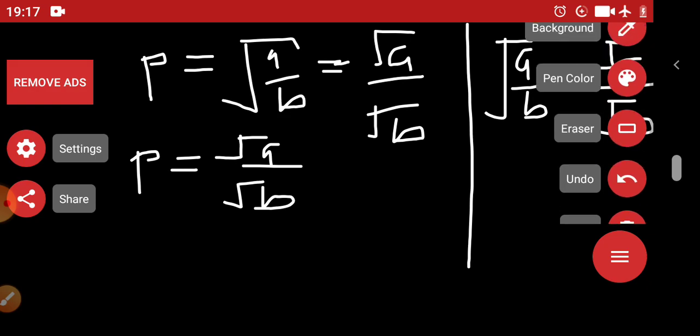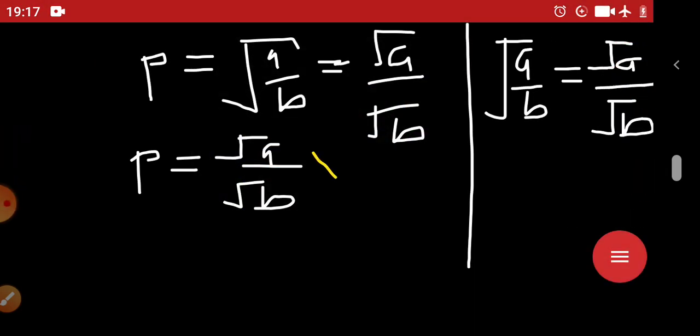What we can do now is multiply by the square root of B on both sides, so that this cancels this.